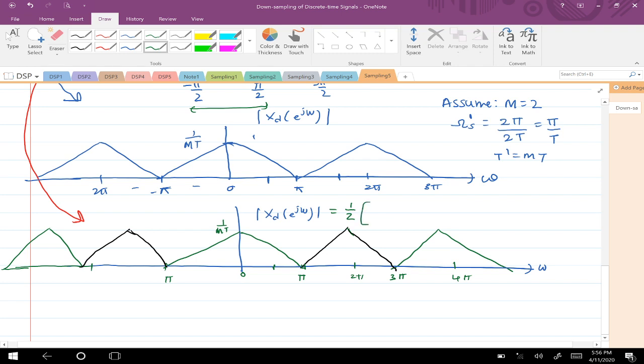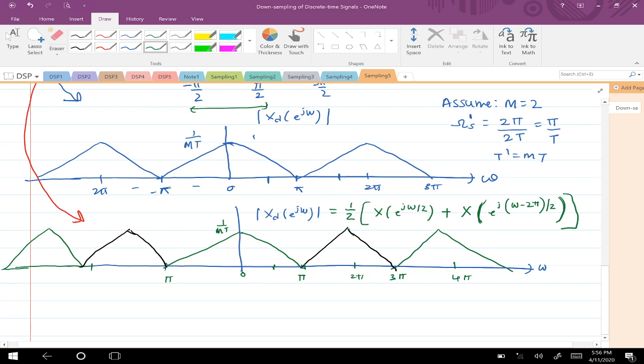I have kept one copy of it but scaled by a factor of 2, which is X of e power j omega by 2. Then I did a shifting, of a scaled version, so X of e power j times omega minus 2 pi, by 2. This would be the expression which I got from the figure, right?